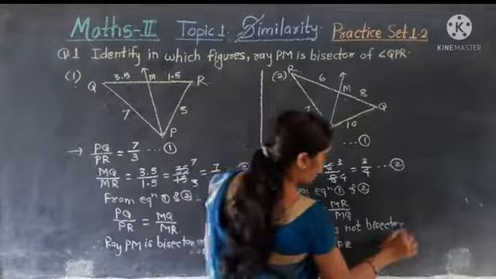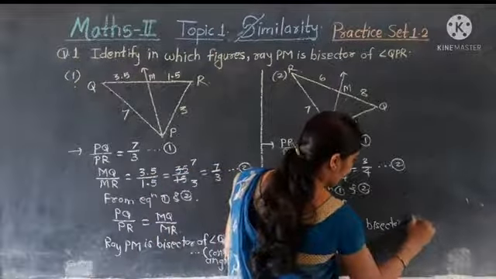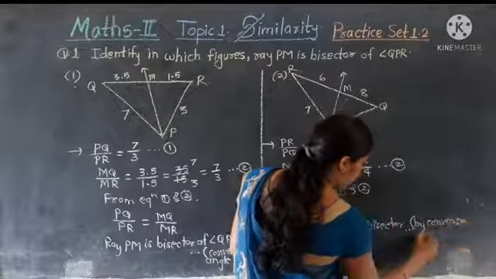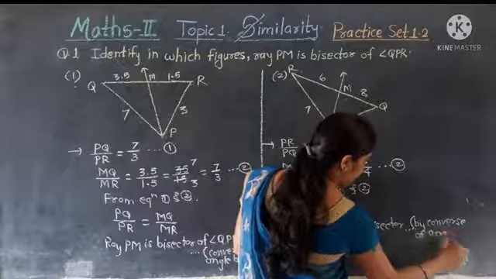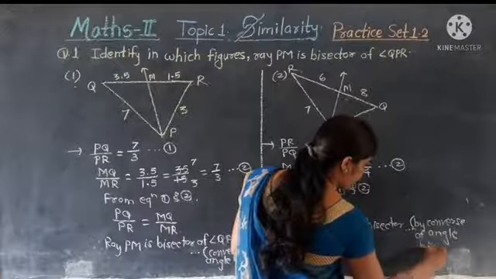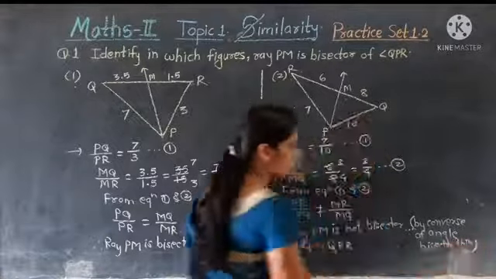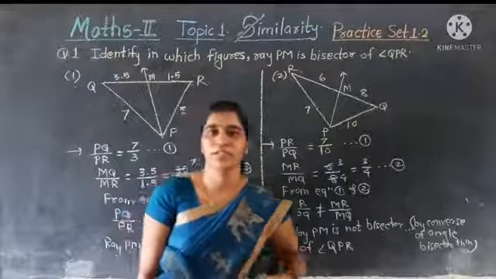You write here the reason: by converse of angle bisector theorem. Okay, the third one you solve yourself.